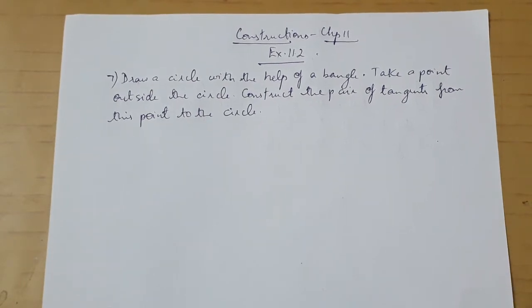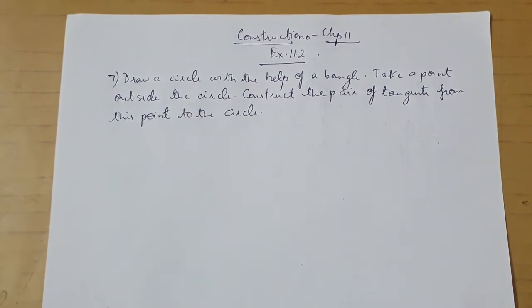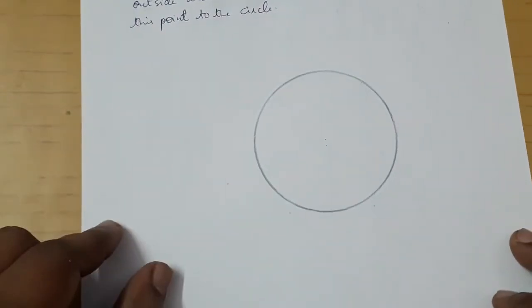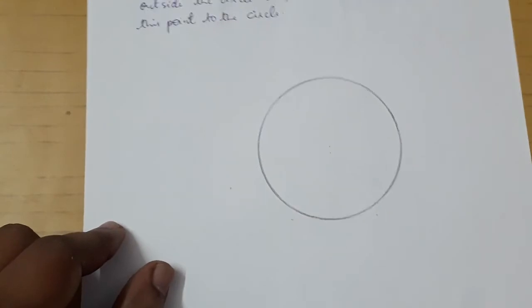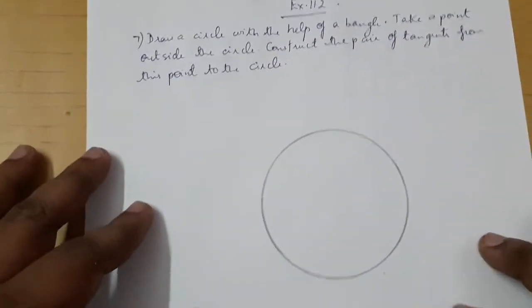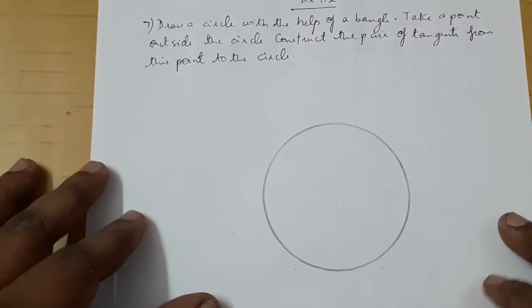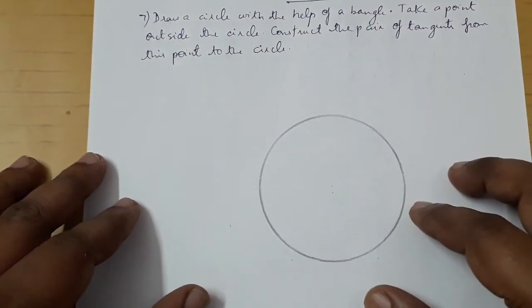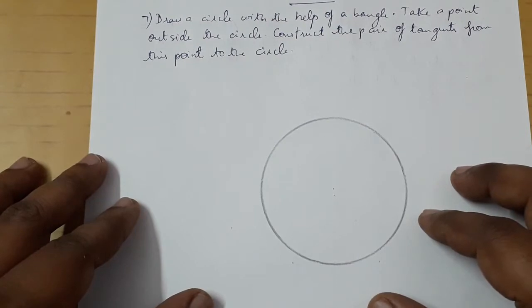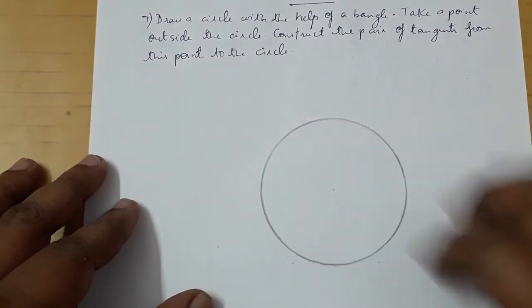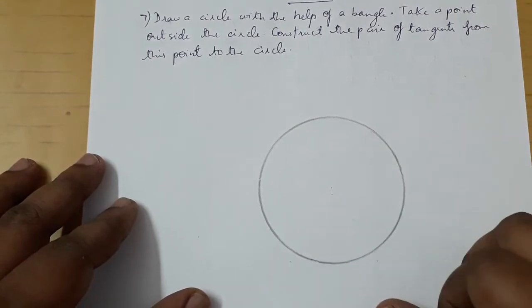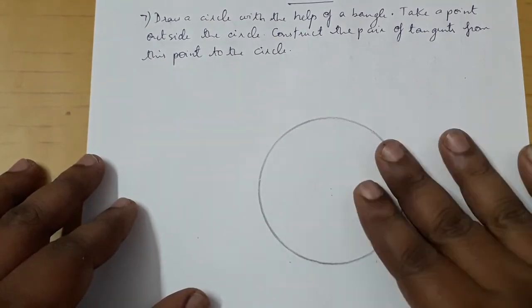Okay, so let's first draw a circle. So I've drawn a circle over here, and we have been told it is to be drawn with the help of a bangle. But the problem is, because we have drawn it with the help of a bangle, we do not know its center.